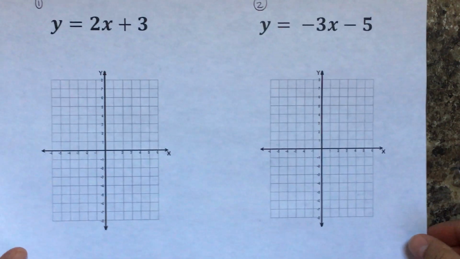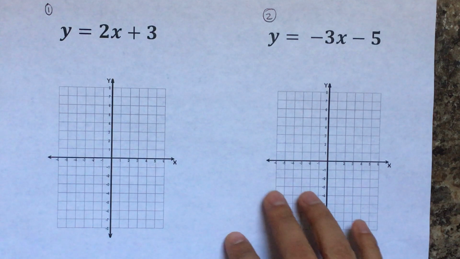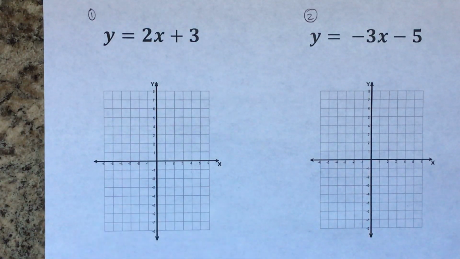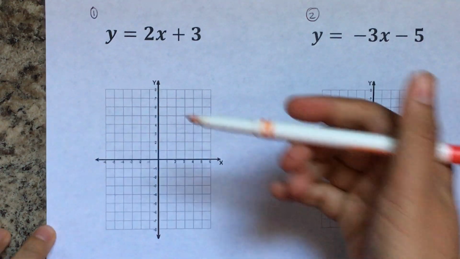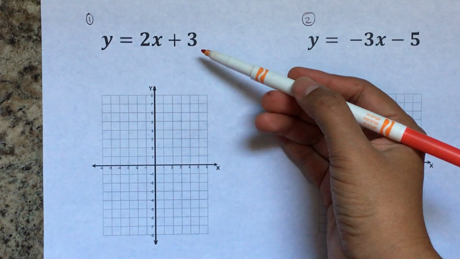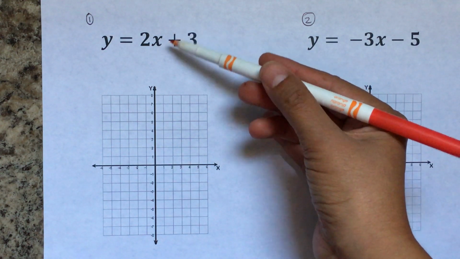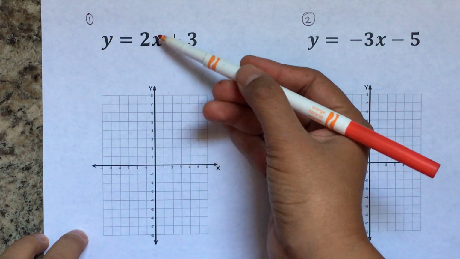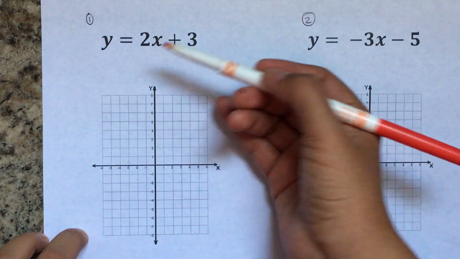Okay, so these are 2 examples, and basically what it means is that we have this equation and we start with 3 and we get 2 every 1 day or 1 month.